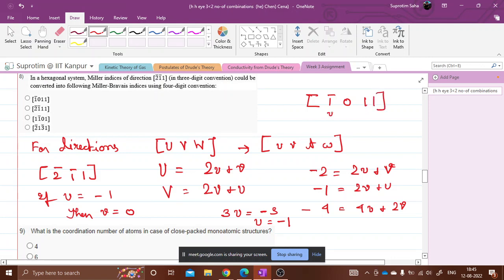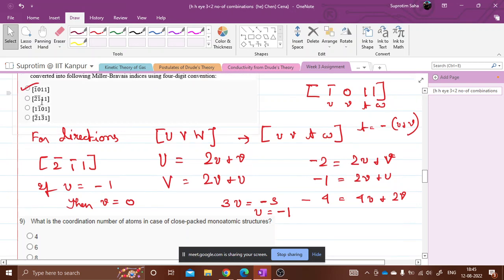This is your u, this is your v, this is your t, this is your w. So t is minus u plus v, right? So the right answer is 1 bar 0 1 1. This is the correct answer.